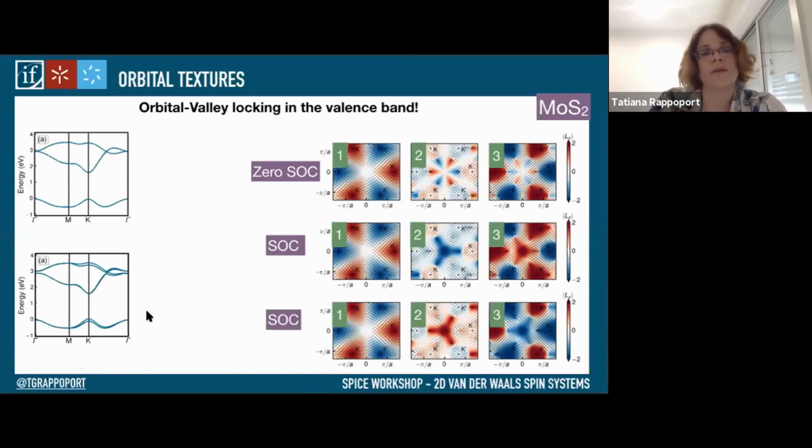Of course, we're going to have something inverted for K and K prime because it's red and blue for K and K prime. But the structure is more or less the same. For the other bands, for this band, which is dominated by the L equals 0 orbital, without spin-orbit coupling we don't have any LZ projection close to K and K prime, not even at gamma. And when we include spin-orbit coupling, then gamma gets L polarized.